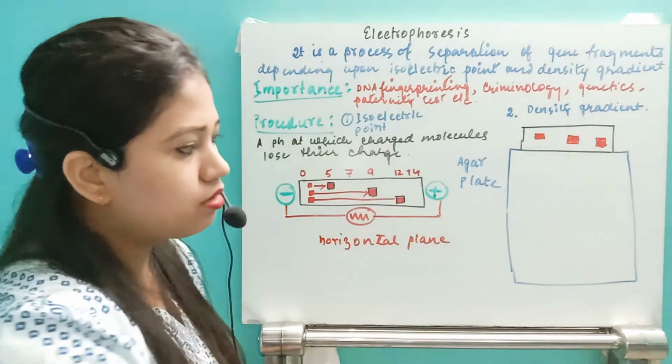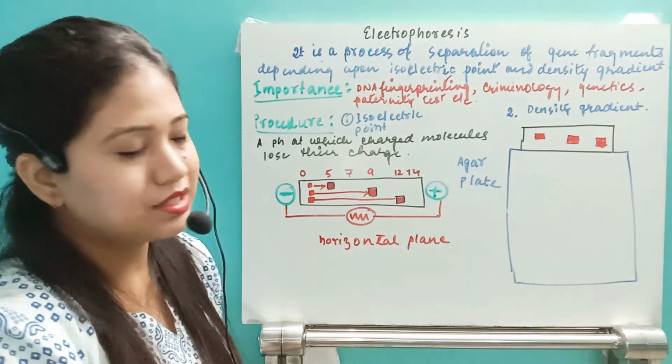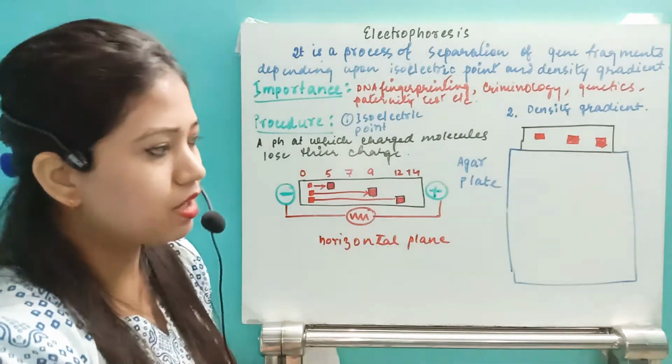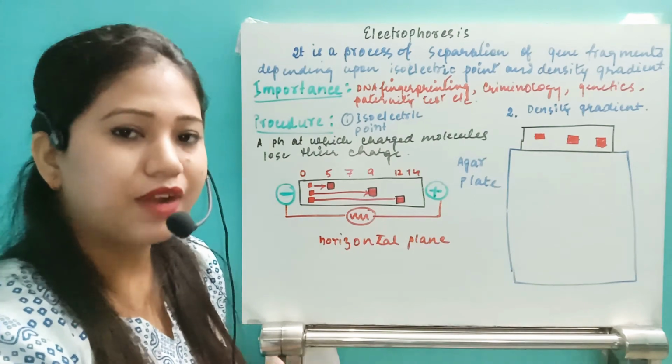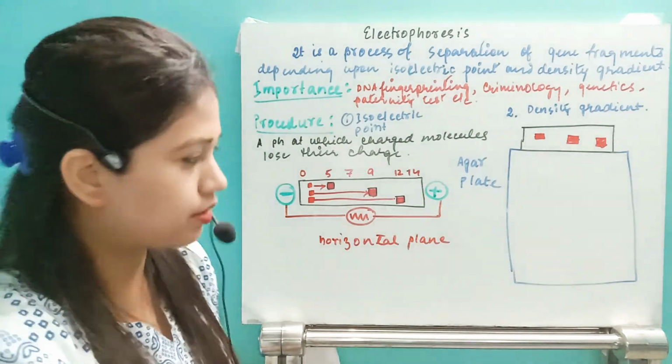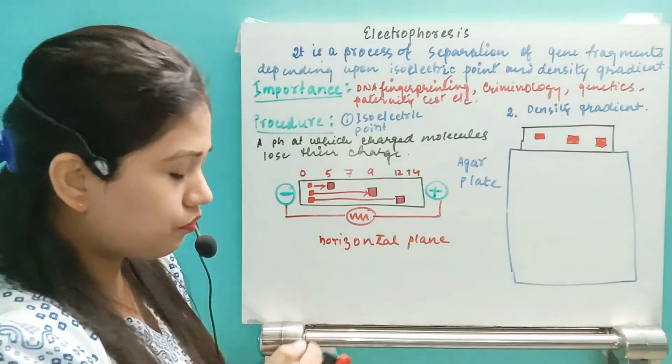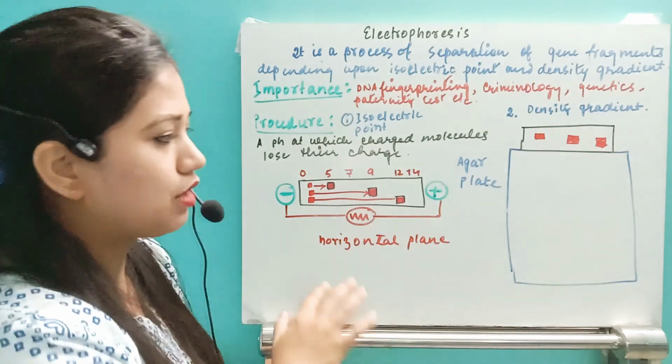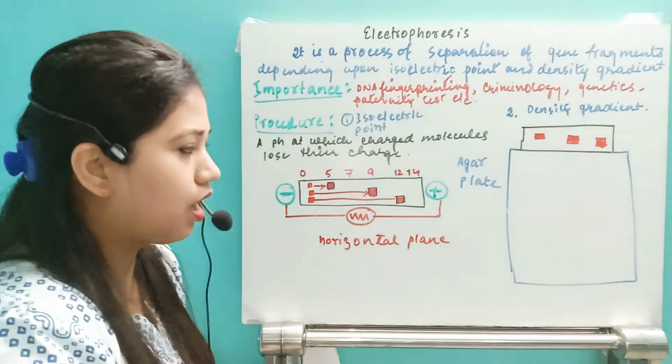In a vertical glass plate, we allow the fragments to separate depending upon their weight. Understand? The gene fragments are going to get separated. How?